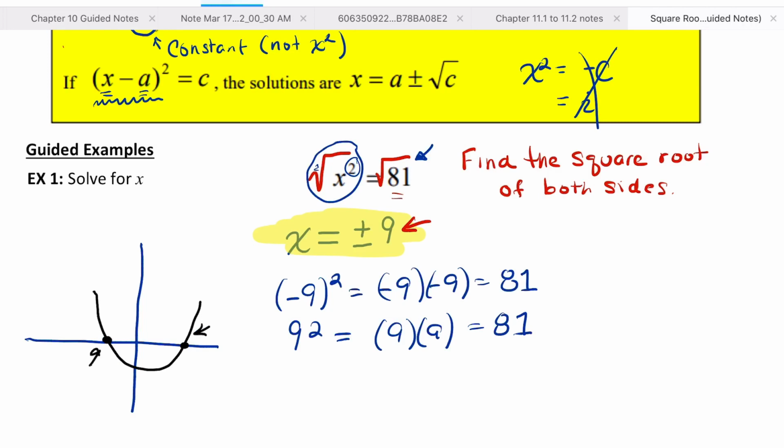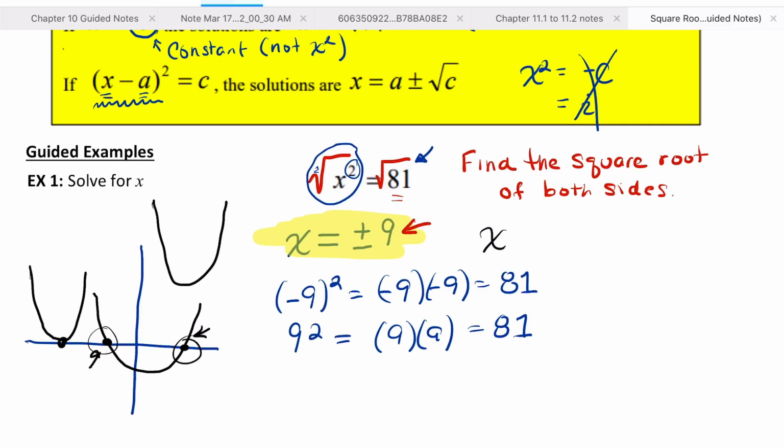Those solutions that we get for the x, another name for those is zeros, are where that parabola goes through the x-axis. I'm also showing you some other examples where a parabola just touches the x-axis at one point, and other parabolas where it doesn't touch the x-axis at any points. We're going to avoid those for right now.